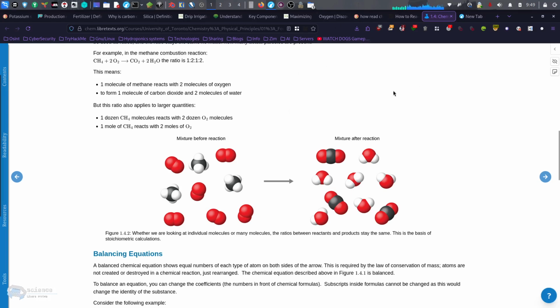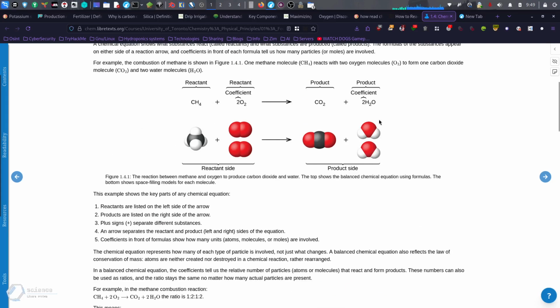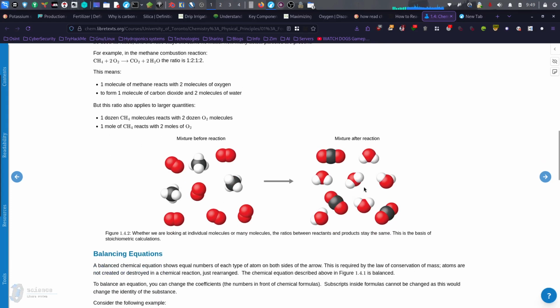We take oxygen 2 liters, put this in, and we mix this and get a mixture of carbon dioxide, 1 mole or 1 dozen, and we get 2 dozen of water or 2 moles.